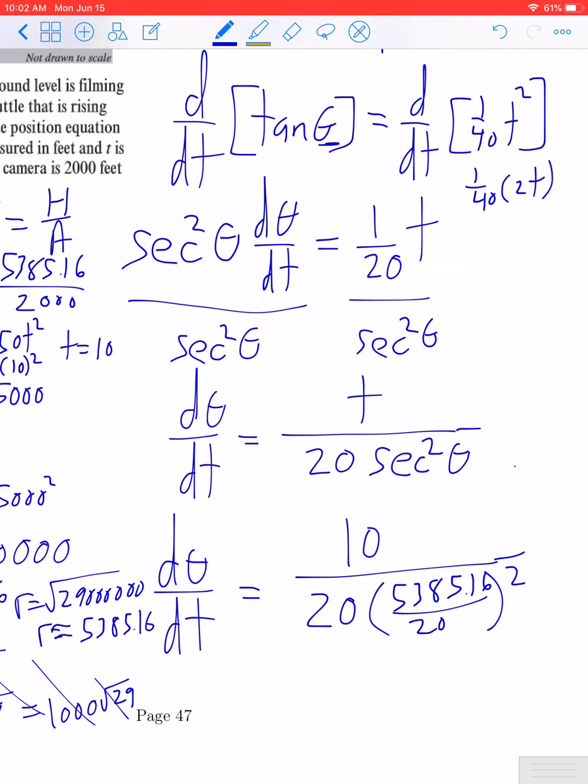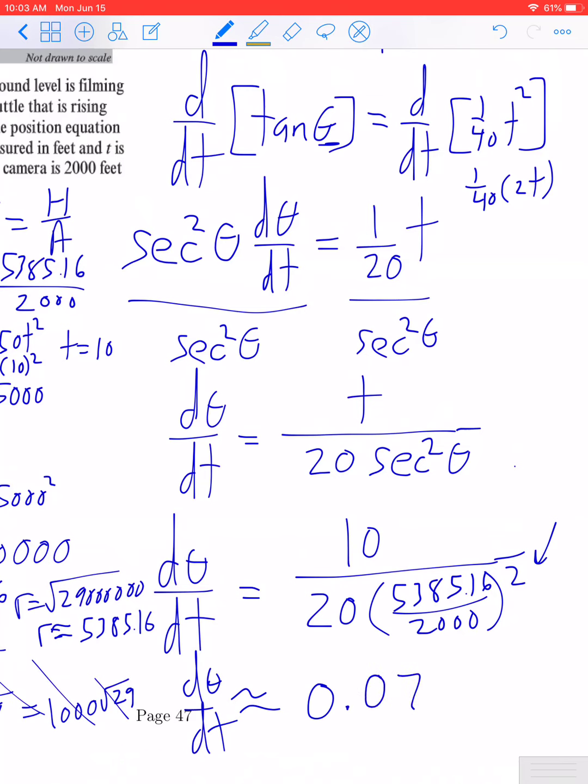And then that's going to go over here. Now let's go ahead and plug it in. We'll find that dθ/dt, remember, don't forget that this fraction has to be squared, is going to be 1 divided by (5,385.16 divided by 2,000) squared, which works out to be about 0.07.